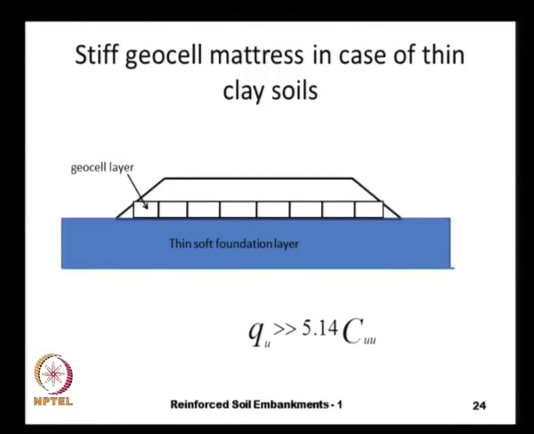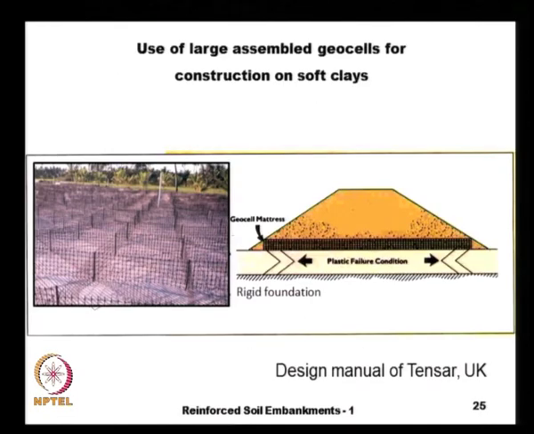But once we confine it like this, actually here is a schematic of how the bearing capacity increases because of the squeezing of the soil between two solid, rigid and rough plates, one surface made up of the geocell and the other surface made up of the rigid foundation. The slip surface is formed like this, and because of this our bearing capacity factor increases to almost 15 to 16.